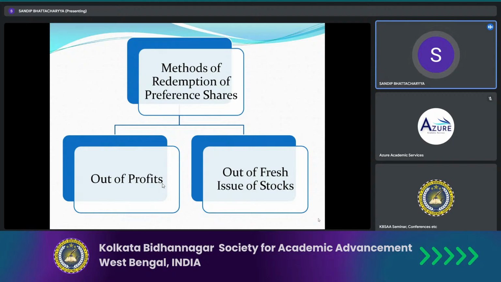So if we distinguish between out of profit and out of fresh issue of stock: out of profit means out of accumulated reserves, which means the company has a sufficient amount of funds. That's it.